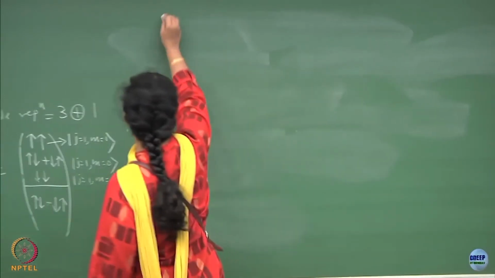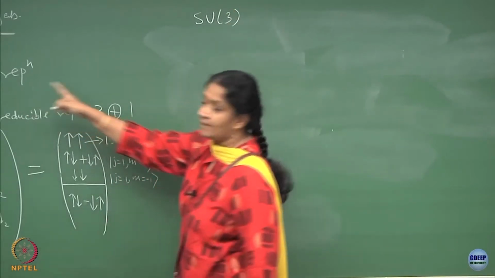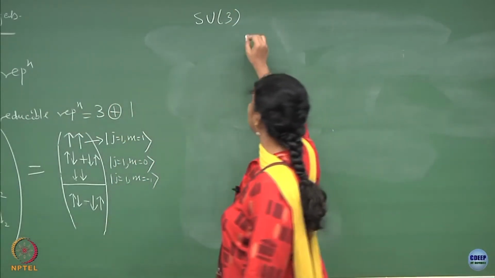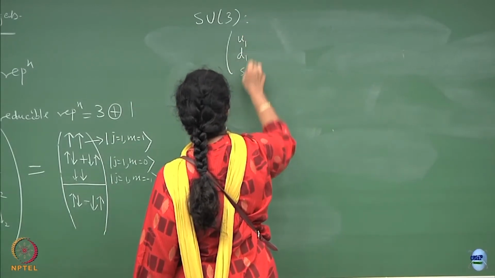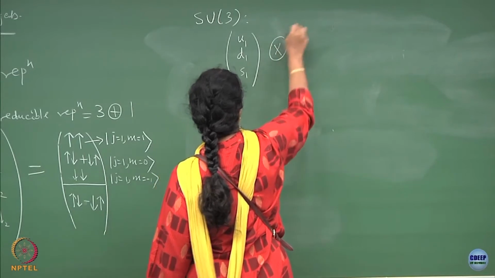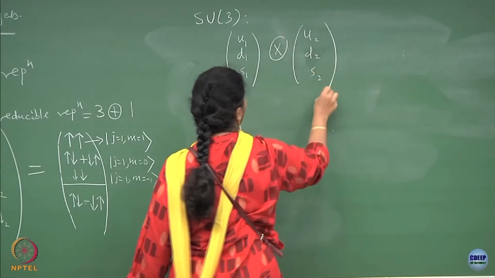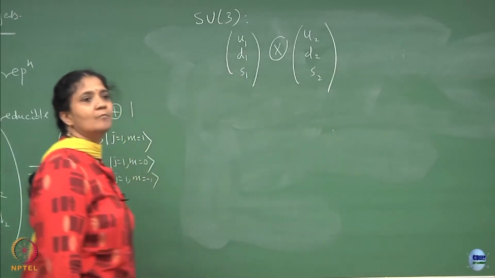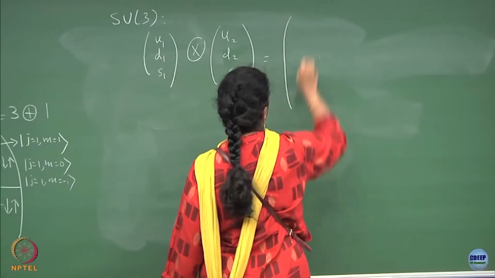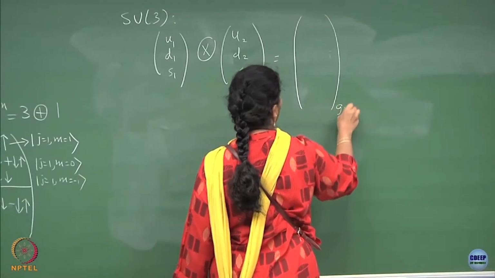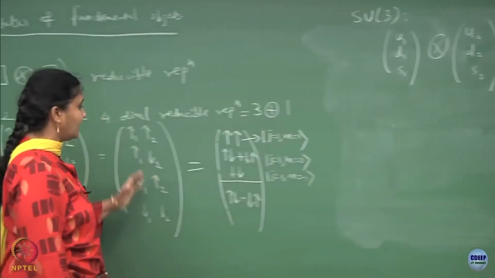So, if you do SU3, the same thing which I have written here will turn out on the vector space as if it is U1, D1, S1, S2, and then this will give us, I am not going to write it, but you know what I am saying, exactly like what I did.